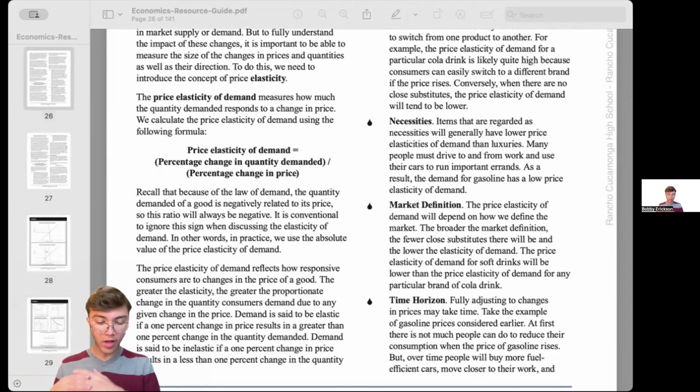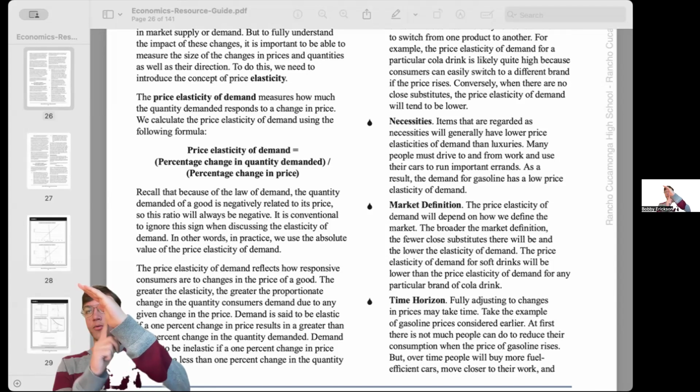So remember, the law of demand says that price and quantity demanded are negatively related. So with elasticity we can ignore the sign of the slope because we know it's always going to be negative. We know the demand curve always goes downward.